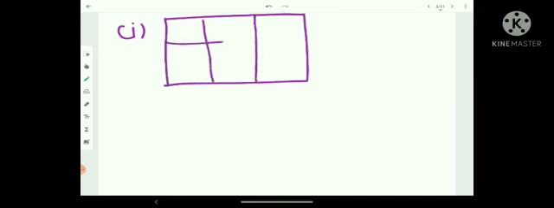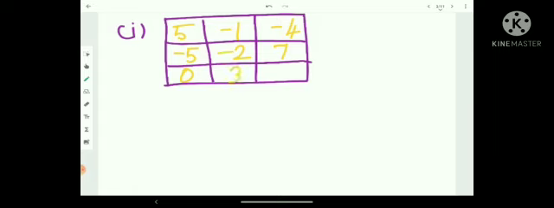Okay, I'll use a different color, yellow color. 5, -1, -4. Next -5, -2, 7. Then 0, 3, -3. I think it's visible, so I'm moving on to the answer.